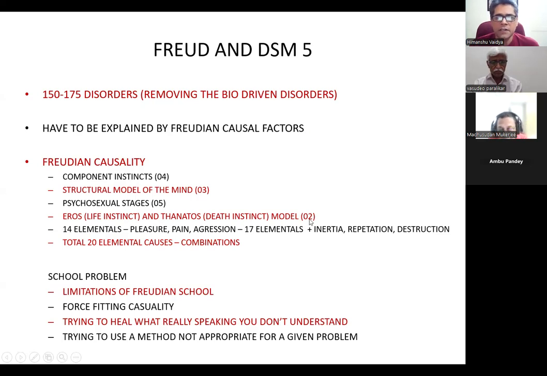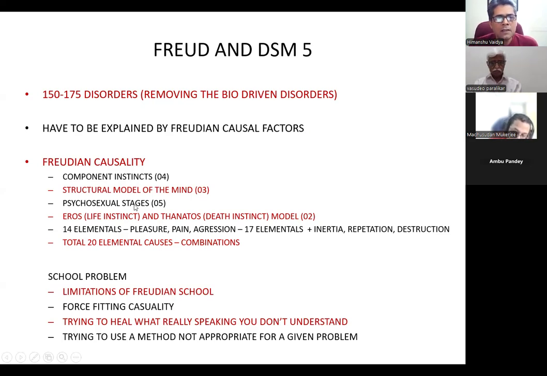So if you put all of this together, you will come to a total of 20 elemental causes or a combination of them. So the entire 175 or 150 disorders have to be explained in terms of causality by these 20 elements or their combination. Within the Freudian framework, you can't go anywhere else.